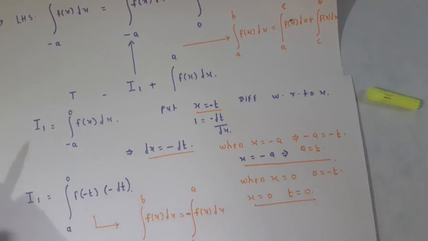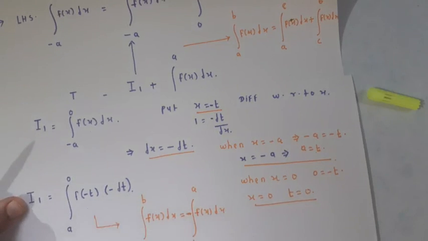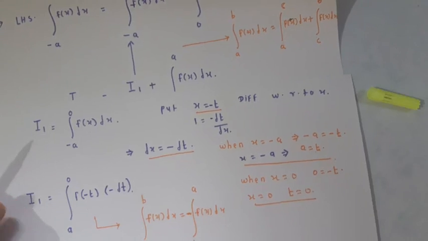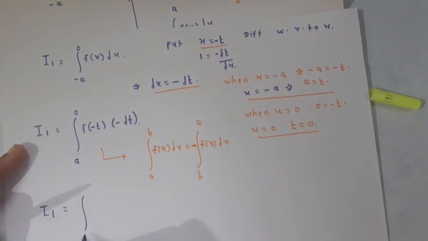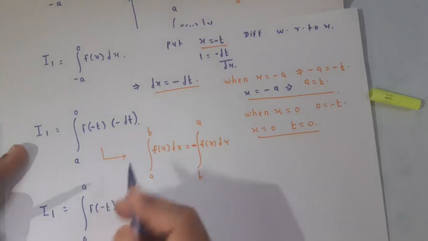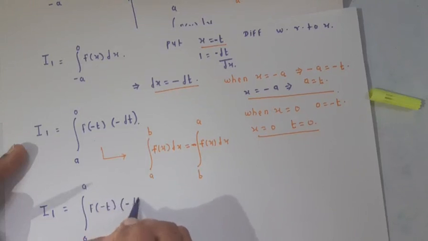Hence by using this property, integration I1 equals 0 to a of f of minus t times minus dt.